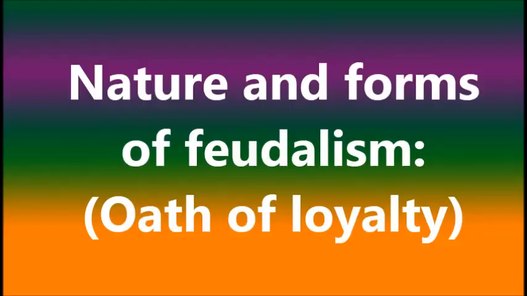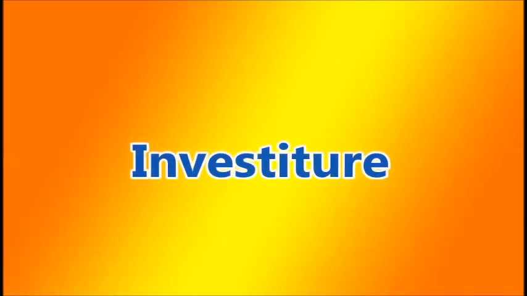Nature and forms of feudalism. The land held by the vassals was considered a gift given by the ruler. Feudalism consisted of two important traditions. The first one was investiture.